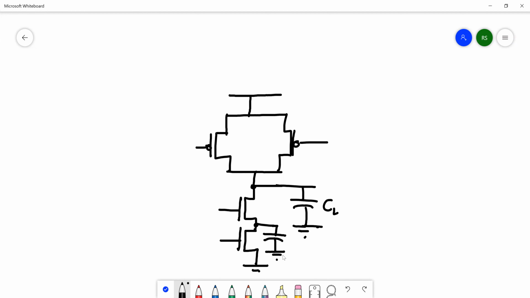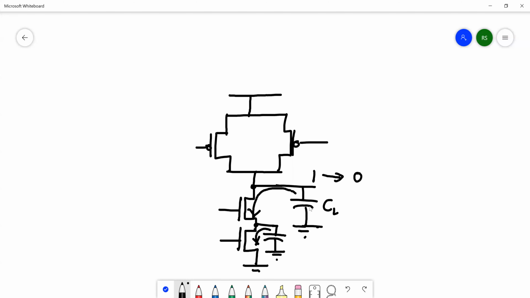Suppose we want to discharge the output, that is the output has to go from 1 to 0. That will happen through the pull down network, right? So when we are trying to discharge this, what will be better for us is if this was already discharged. That is the whole idea of this input ordering.